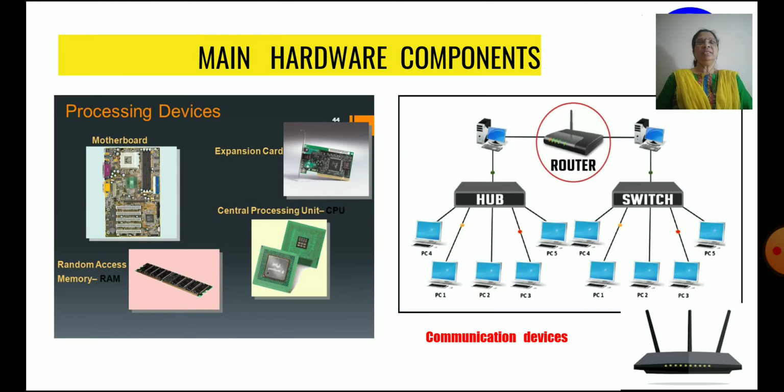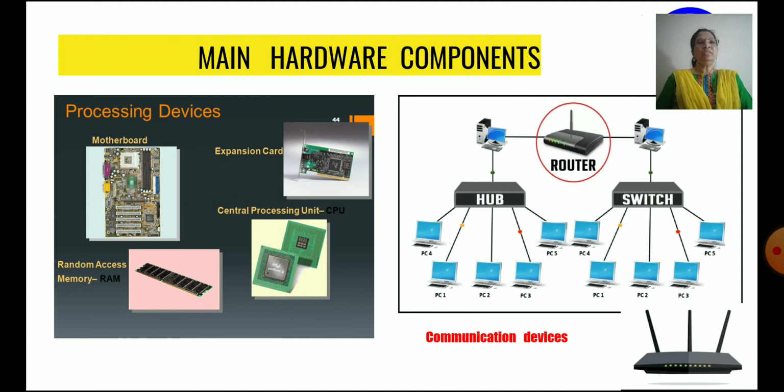Now, processing devices. Processing devices: motherboard, expansion card, central processing unit and random access memory, that is RAM. RAM stands for random access memory. So, these are all hardware parts inside the CPU, right children?